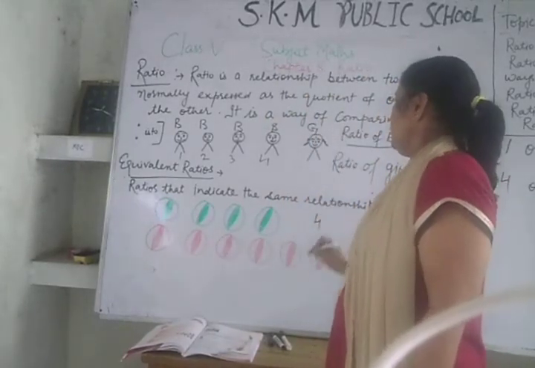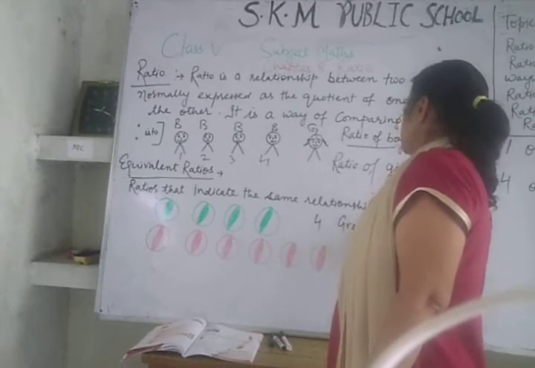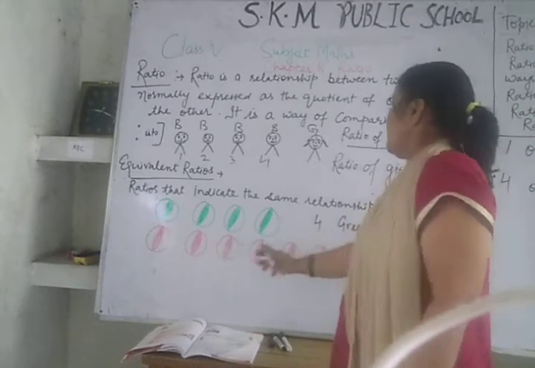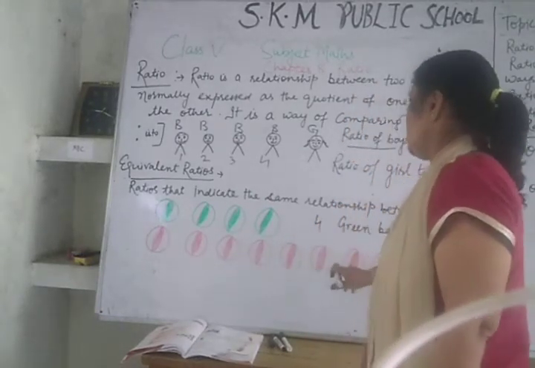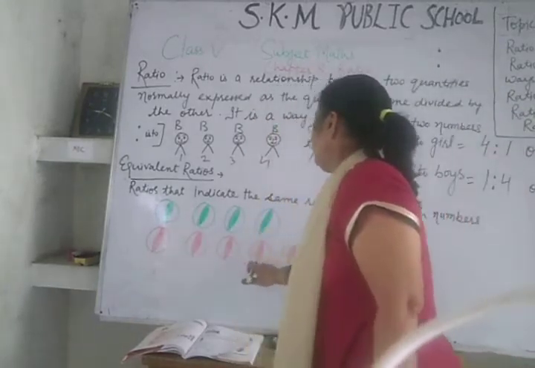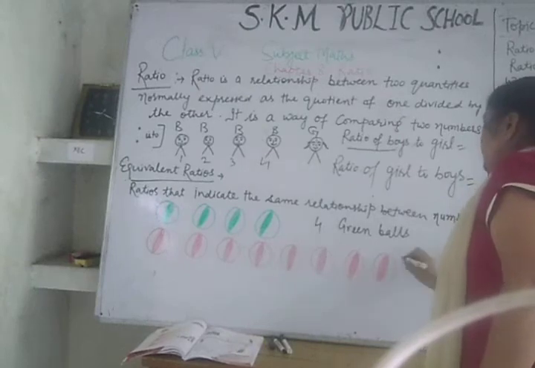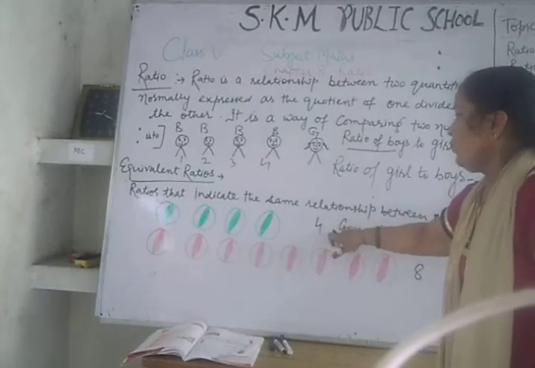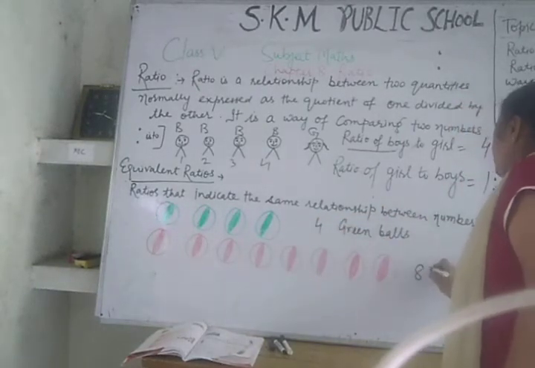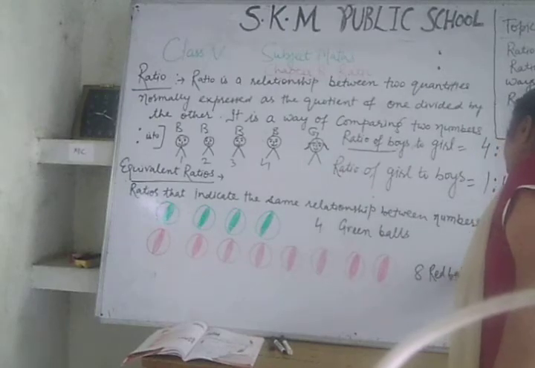4 green balls. And the number of red balls here: 1, 2, 3, 4, 5, 6, 7, 8. Sorry, green were 4 and red balls were 8. 8 red balls.